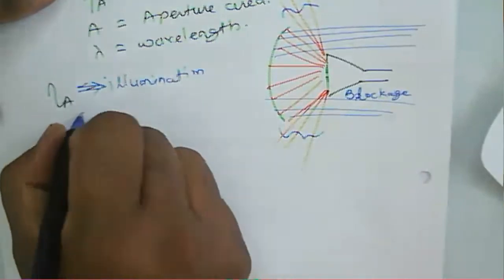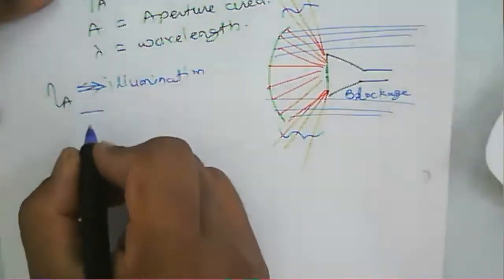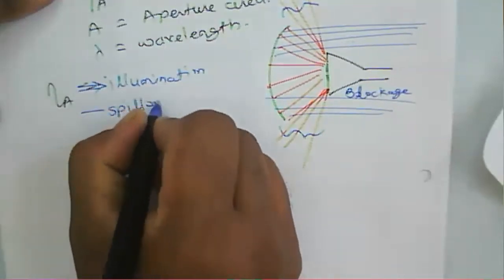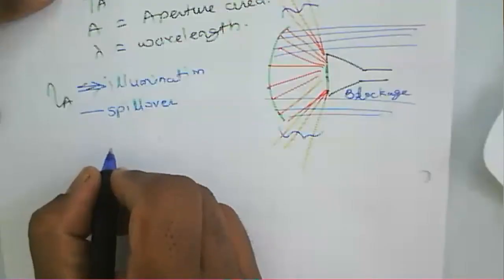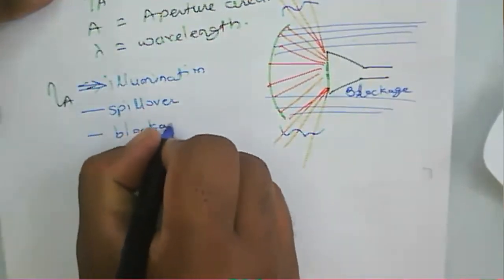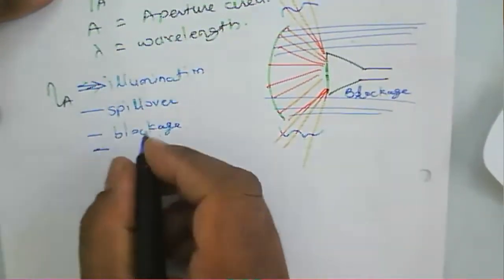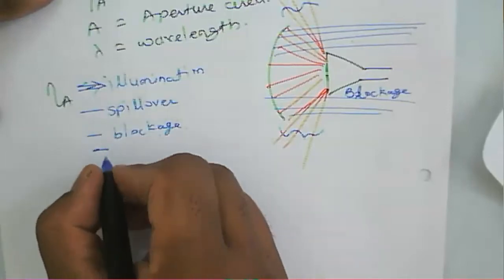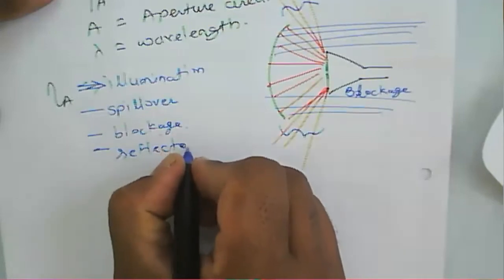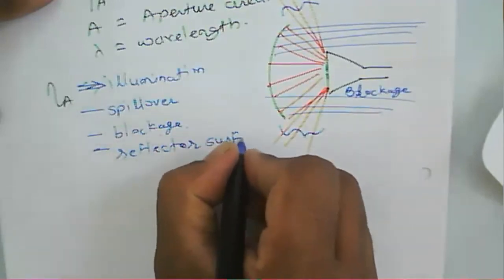Again we have the spillover efficiency. Again it depends upon the blockage efficiency. Then it depends upon how much the reflector surface efficiency is.